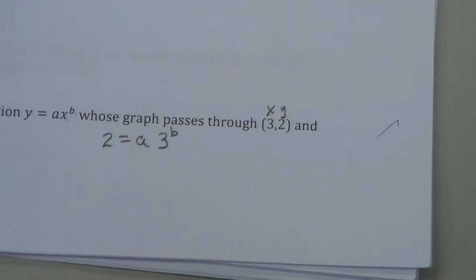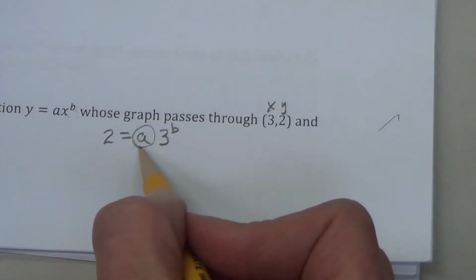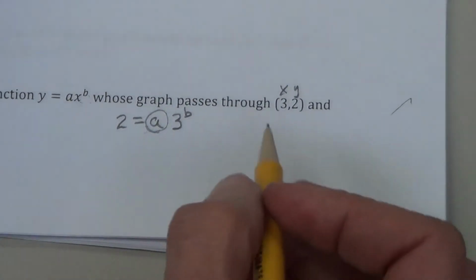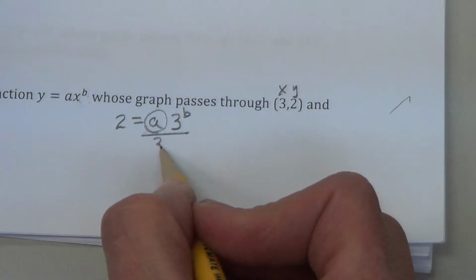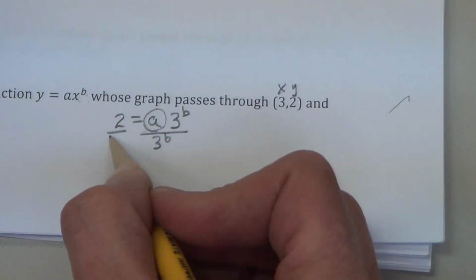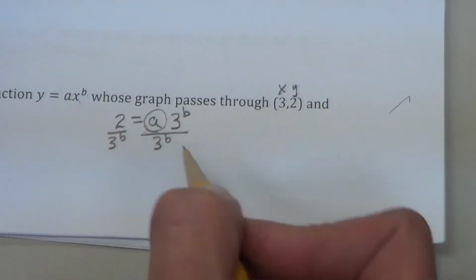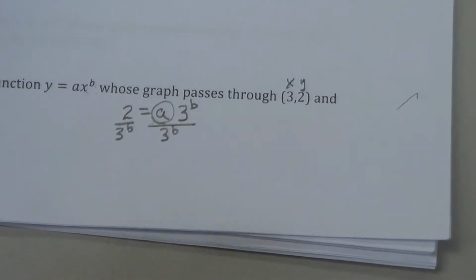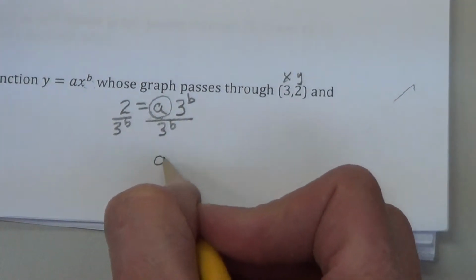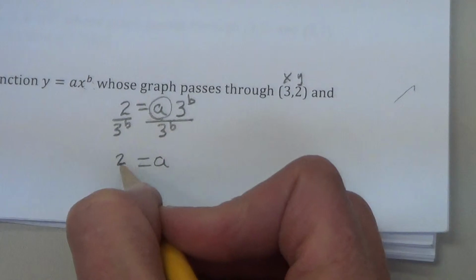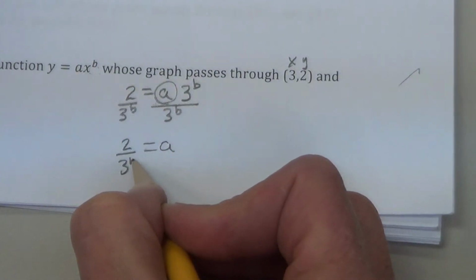Now, we want to get a by itself. So we divide by 3 to the b value, or 3 to the b power. So we have a equals 2 over 3 to the b.